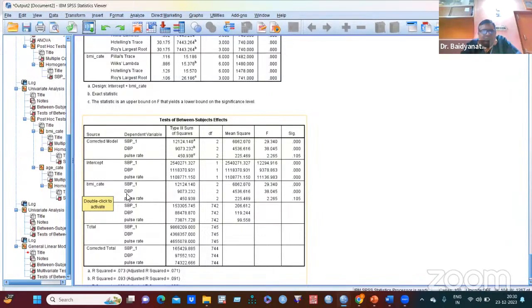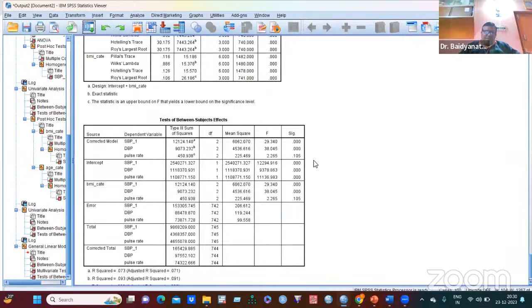And BMI with diastolic blood pressure, this is also significant. And BMI with pulse rate, this is not significant. So we can say BMI has a significant effect on blood pressure, both systolic and diastolic, and no effect on the pulse rate. Okay, BMI has no effect on the pulse rate.